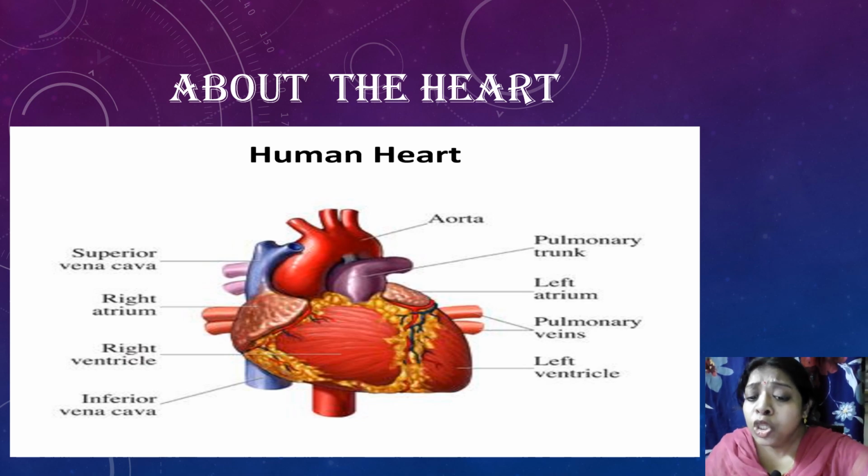When you talk about heart diseases, most of them occur because of the lifestyle and the patterns of food we are following. Cholesterol. What is cholesterol? It is a high content of lipids, a high content of fats.